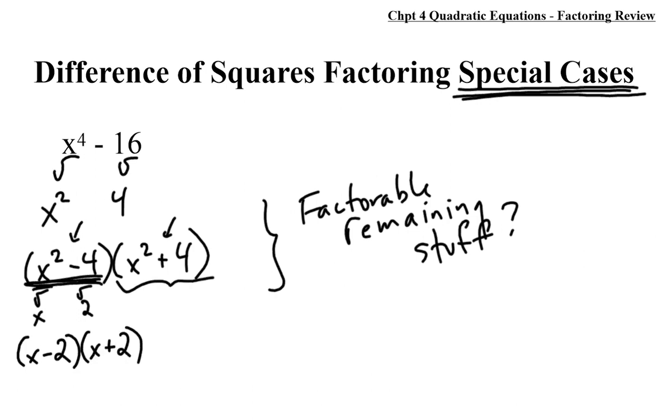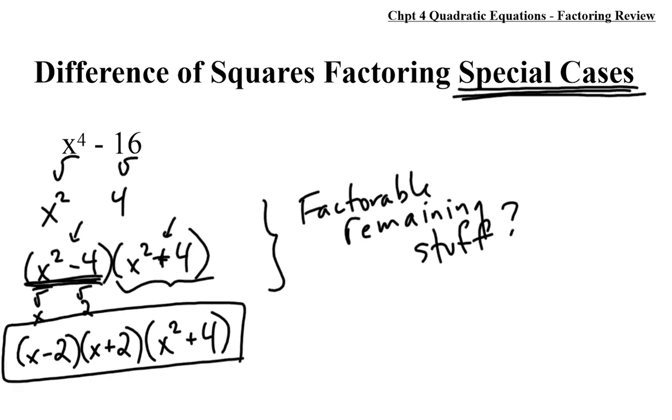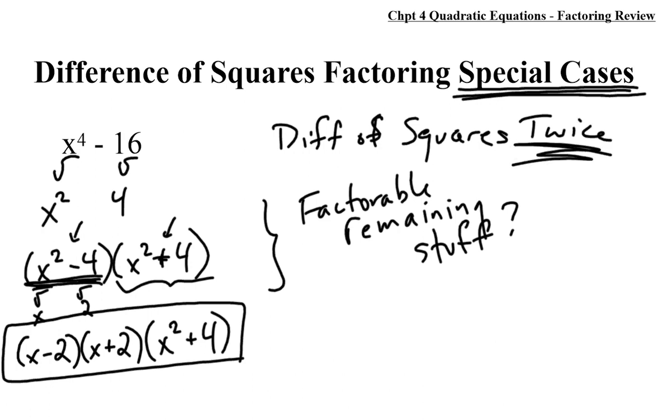The other factor, though, isn't factorable because it's an addition of squares. We just keep it as is. Always look to make sure what you have left is or isn't factorable. So special case, it's difference of squares twice. Sometimes you're going to get that. You have to watch for it.